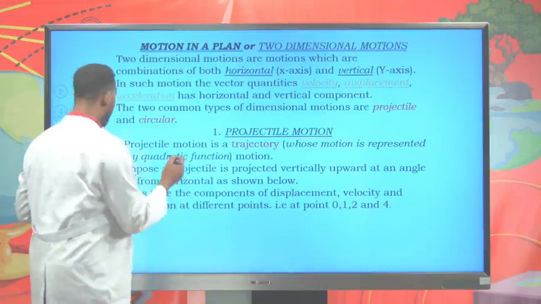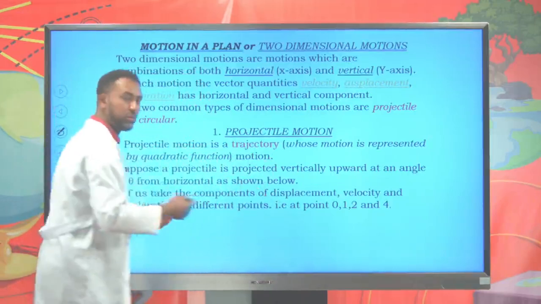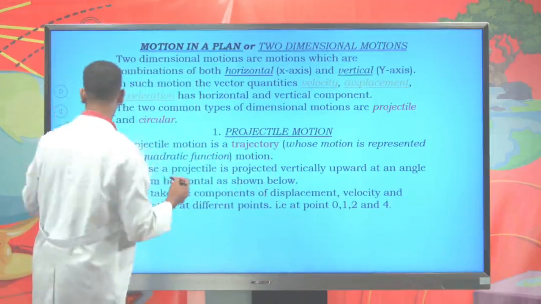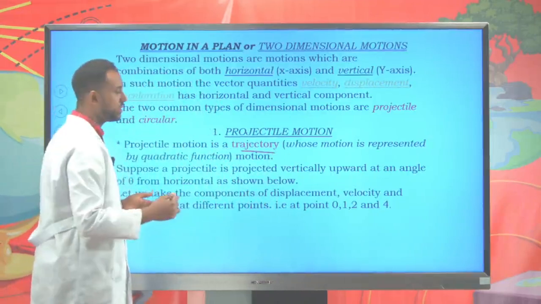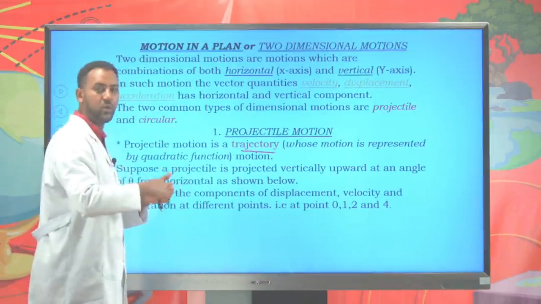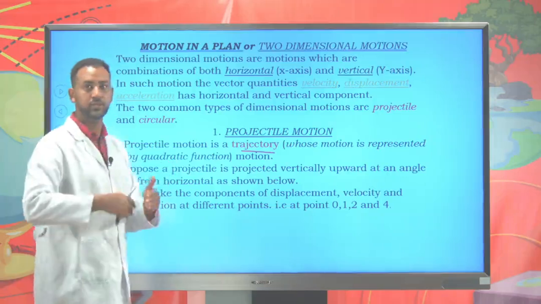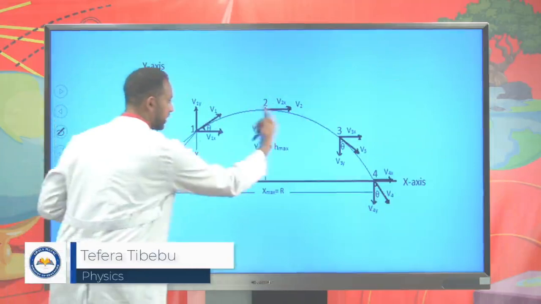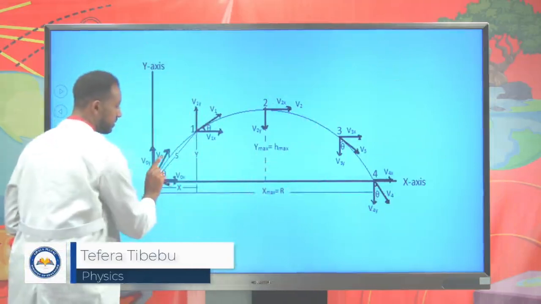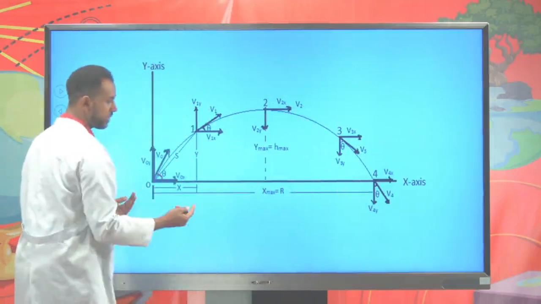Then the object that is thrown is called a projectile, and that projectile has a trajectory. Trajectory means a path represented by a quadratic or parabolic, or one could say semicircular, pattern. If you throw something, it will move like this and fall at some point there.